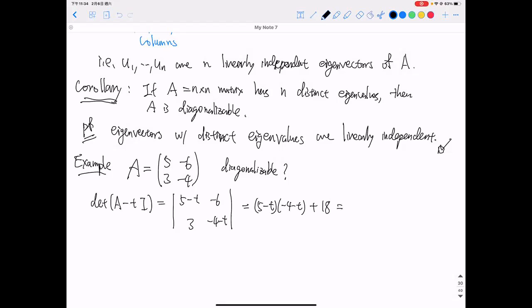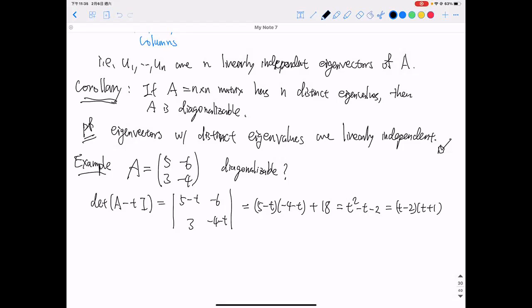We have to simplify. t squared minus 4 and minus 5 plus 4 minus 1, minus 20 plus 18 minus 2. So this is (t minus 2)(t plus 1).